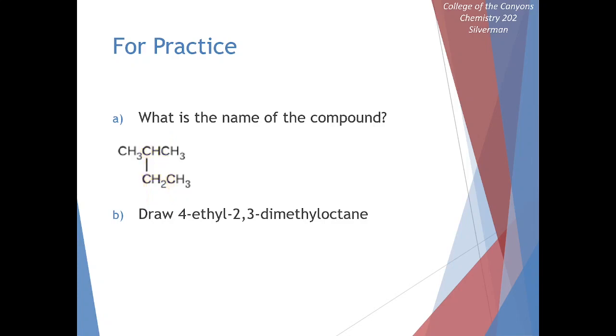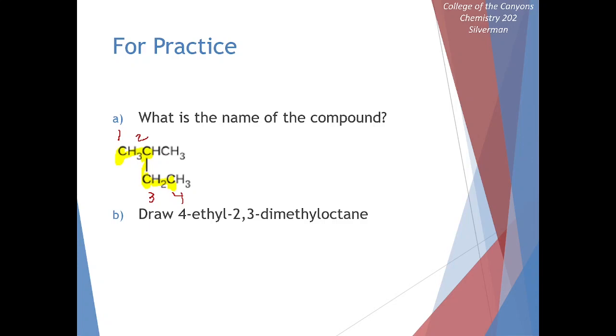If we go the other way, 1, 2, 3, 4, that second carbon has that branch. So in this case, either way is fine. Either of these two options are okay. We end up with 4 carbons with our branch on that second carbon.